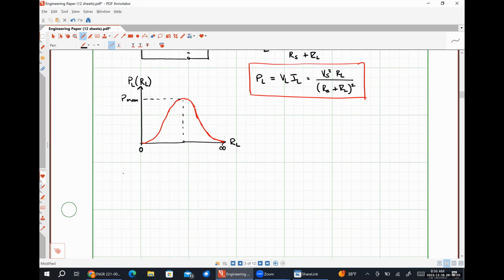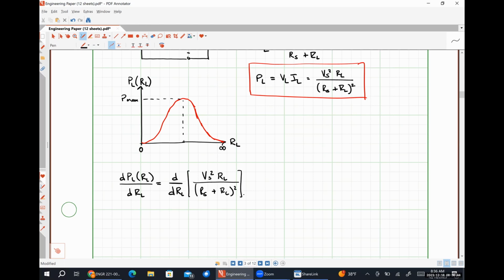So the derivative of PL as a function of RL with respect to RL is going to be the derivative of VS squared times RL over RS plus RL quantity squared.